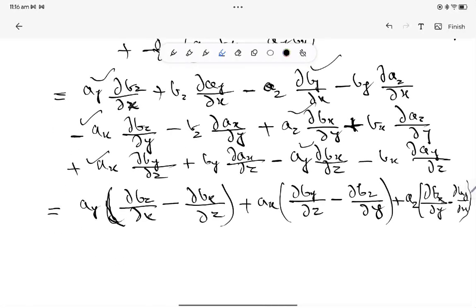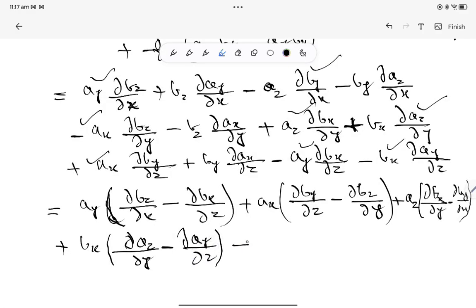Okay, good. Now I need terms with b_x, b_y, b_z. Now you have first, b_x. None in the first row. Yes, I have one. This is there: del a_z by del y, minus now b_x, what I am looking for, so I have it here, another term, del a_y by del z.